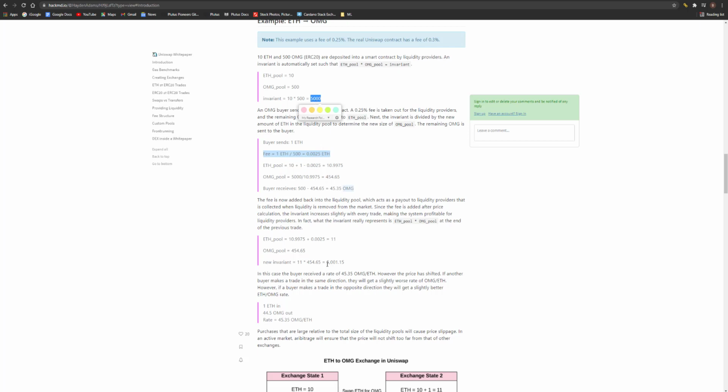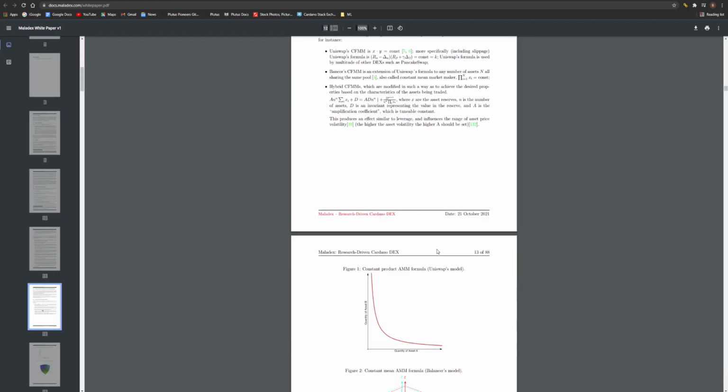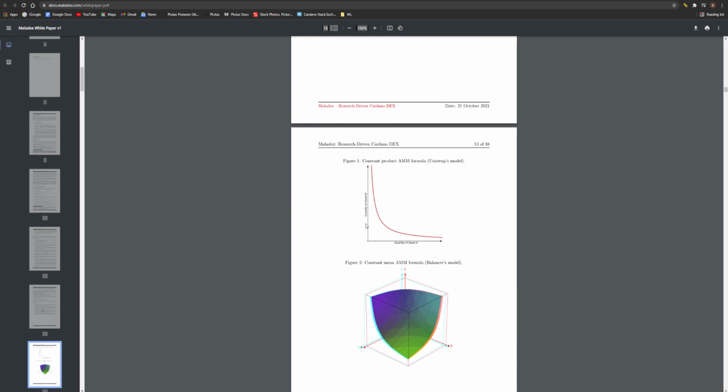They're getting a new invariant number of 5,001 because the transaction fee gets added into here, because ultimately the person providing the liquidity, they're the ones that will get this transaction fee as a reward for providing the liquidity. So this is kind of keeping track of their score. Think of it as a score. It's keeping track of how much their pool is worth with every transaction that takes place. And that relationship between one asset and the other asset is what this chart is showing.